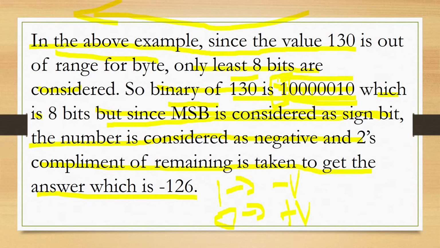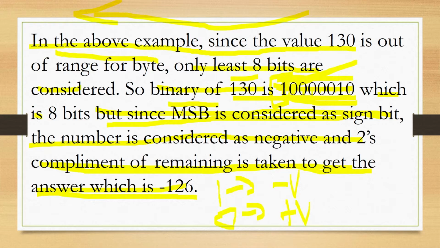Whenever a negative number is encountered, the 2's complement of the remaining bits is taken to get the answer, which is 126. For understanding this, some knowledge of Boolean arithmetic and binary logic, about 1's and 2's complement, is required. If you know that, well and good.